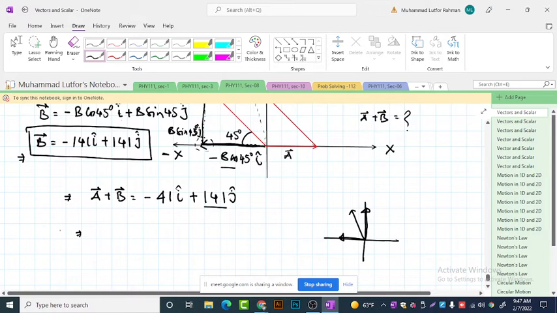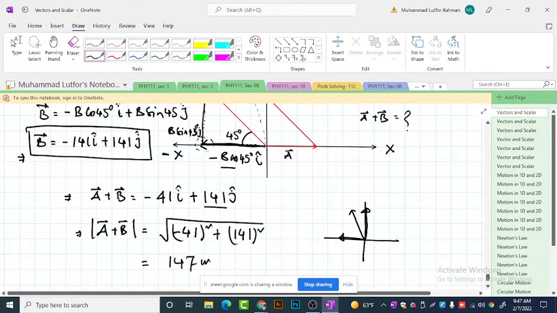Now if I find the magnitude of a plus b, it is the square root of minus 41 squared plus 141 squared, which is closely 147 meters. So that is the magnitude.